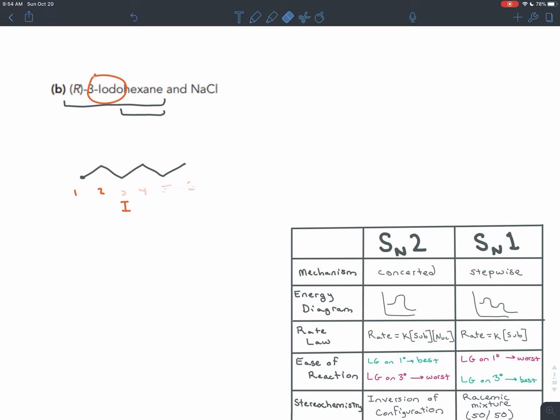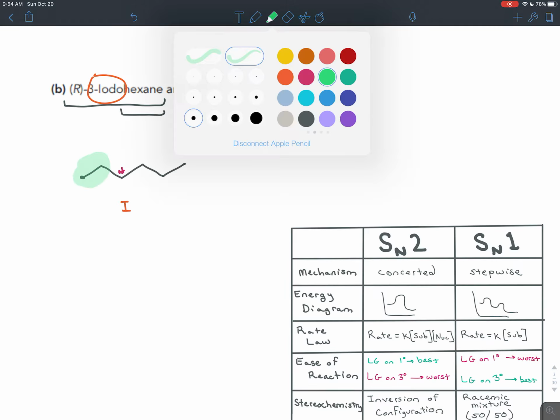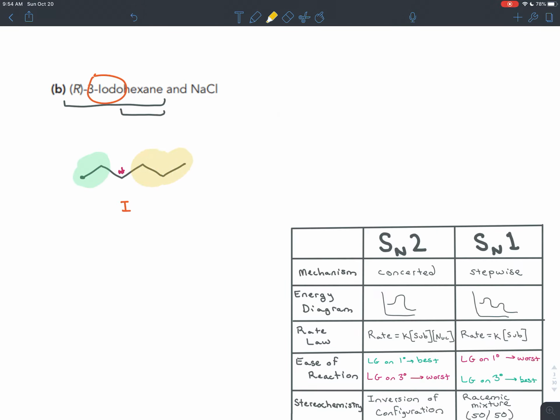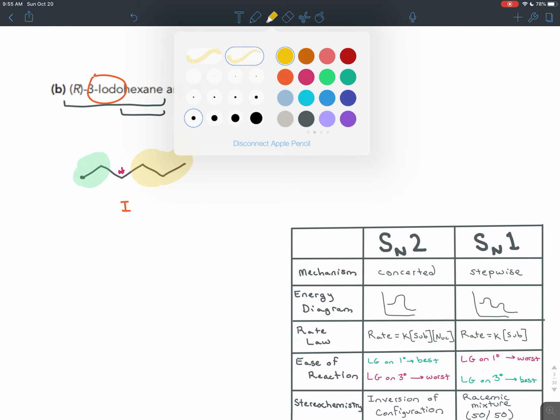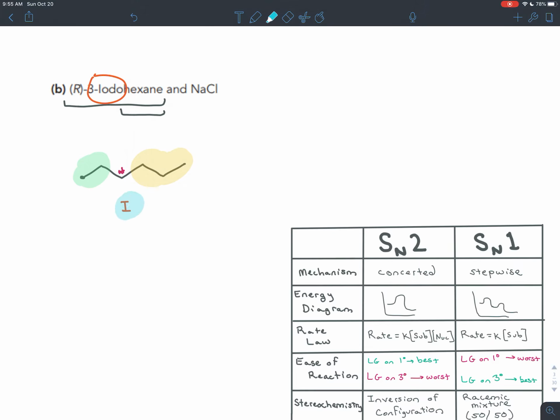But notice that if an iodine is attached to carbon number 3, that creates a chiral center. If we're looking at carbon number 3, to the left, you have an ethyl group. To the right, you have a propyl group. You have the iodine. And then, as the fourth thing, you have hydrogen.